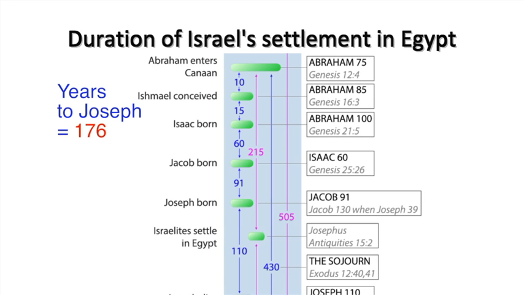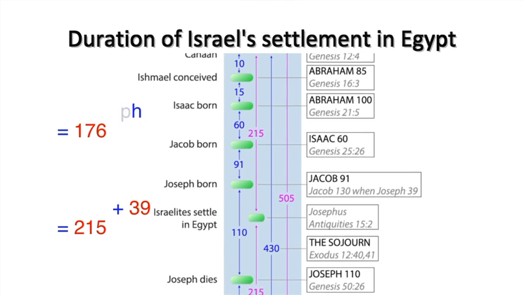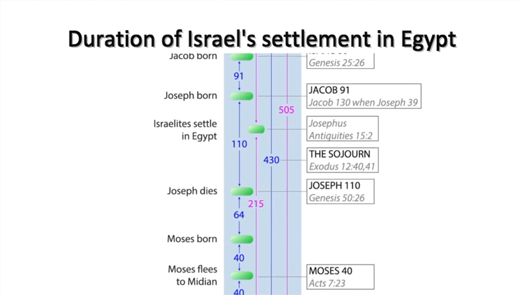We then showed that the family entered Egypt when Joseph was 39. So the time from Abraham's entry into Canaan until their exit into Egypt was 176 plus 39 years, which is 215 years. Exactly half of the 430 years.